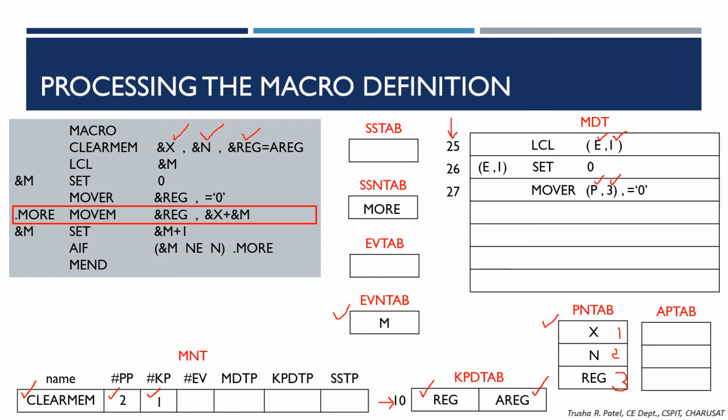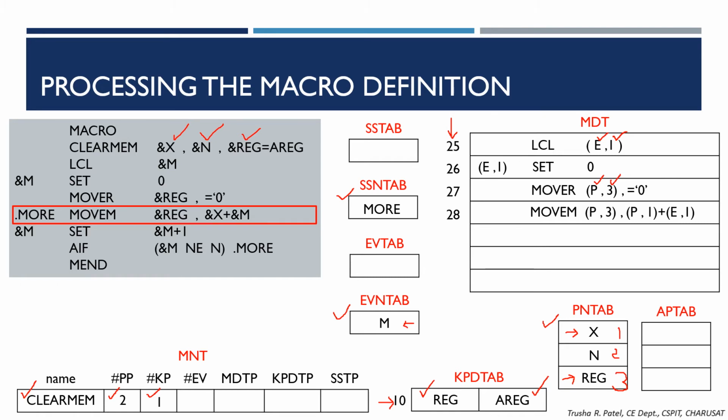The next statement is .MORE MOVEM &REG, &X+&M. Here MORE is a sequencing symbol, so the entry of MORE will be done in the SSNTAB. The code generated will be MOVEM. First is &REG, that's why it is P3, because the parameter is available in the third index, comma &X+&M. So &X is available at the first index in the parameter table and M is available at the first index in the expansion time variable table.